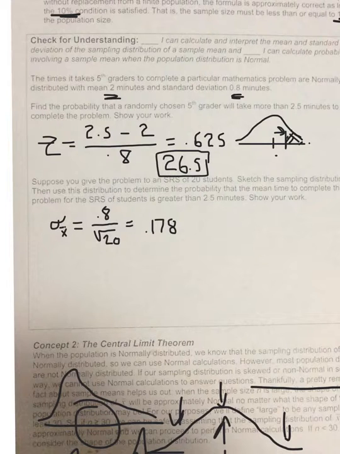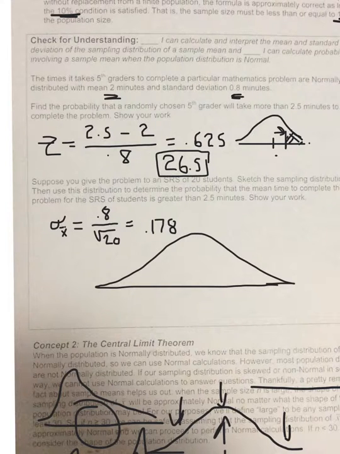So in this case, they want you to make a graph of the normal distribution, and let's take a look at what that might look like. So here's our normal graph, and right in the middle we are going to have, what was it? The average was 2 minutes. And remember, we have 3 standard deviations until we have almost everything.